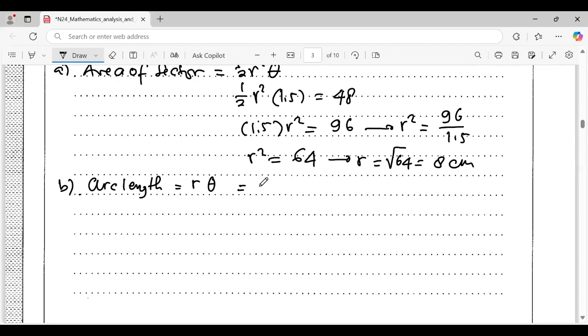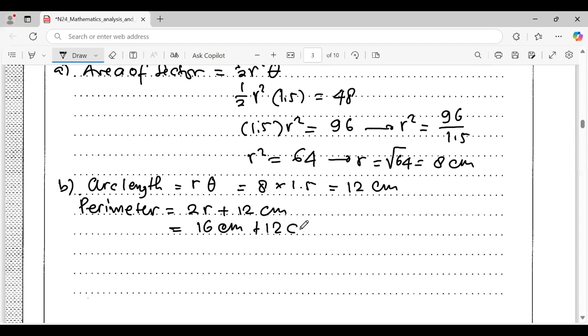It's going to be 8 times 1.5, which is 12 centimeters. So the perimeter equals 2 times R plus the arc length, so 16 centimeters plus 12 centimeters equals 28 centimeters. That's the perimeter.